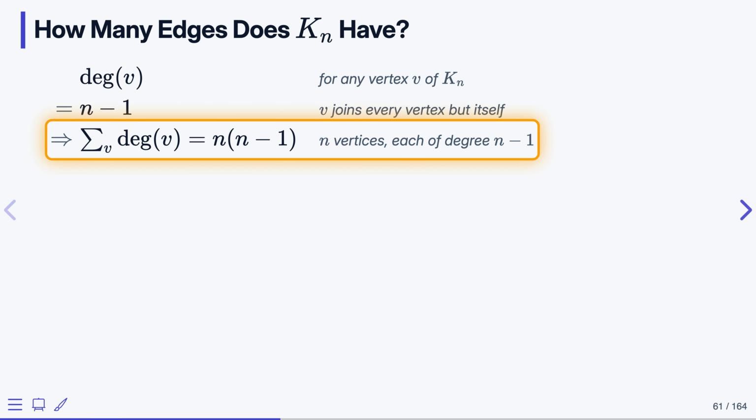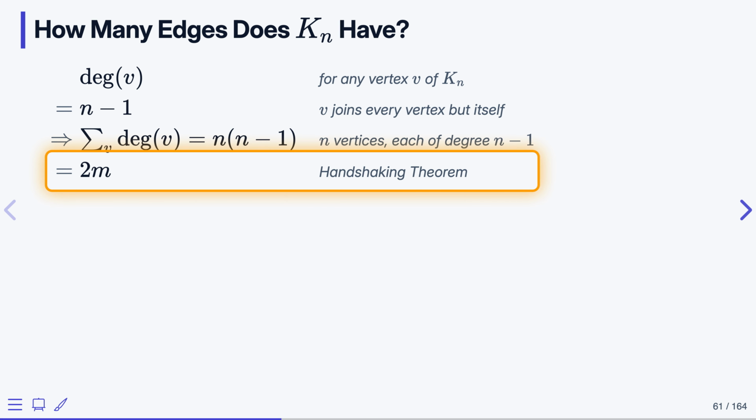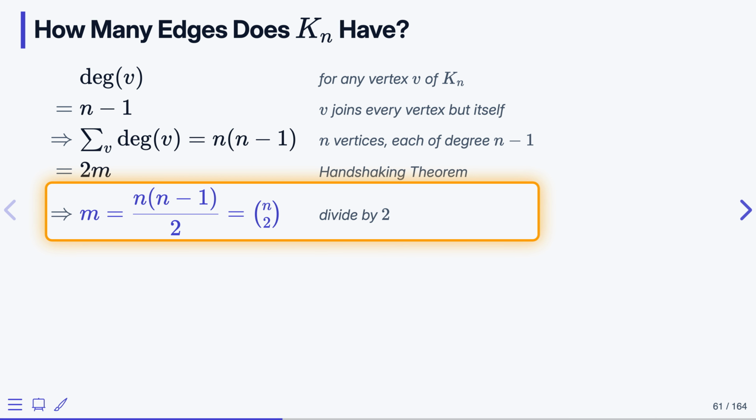Step 2. Every vertex has that same degree, so the sum of the degrees is n times n-1. Step 3. The handshaking theorem says that sum is 2m. Step 4. Divide both sides by 2. So m is n times n-1 over 2.